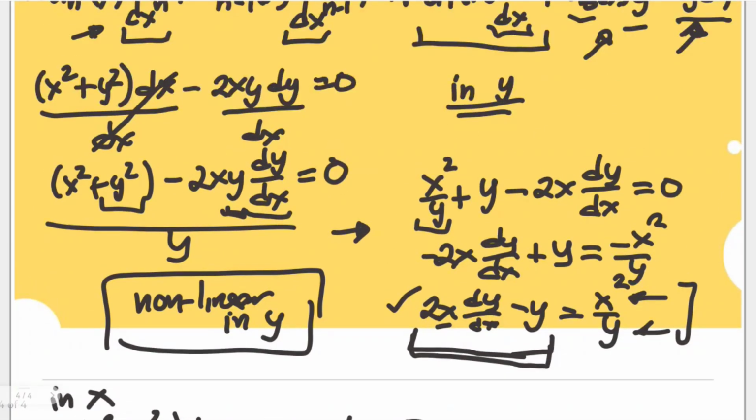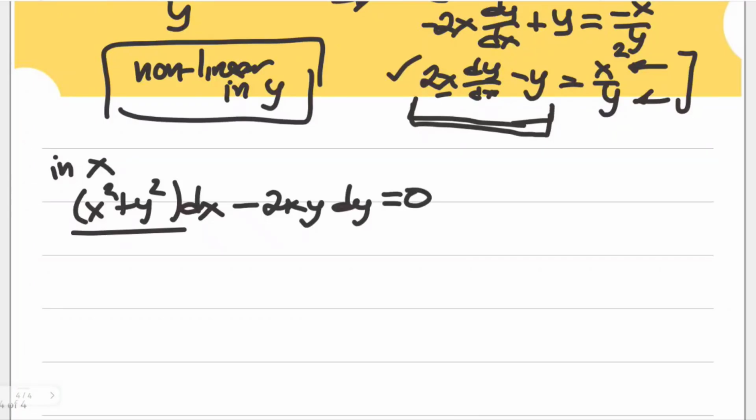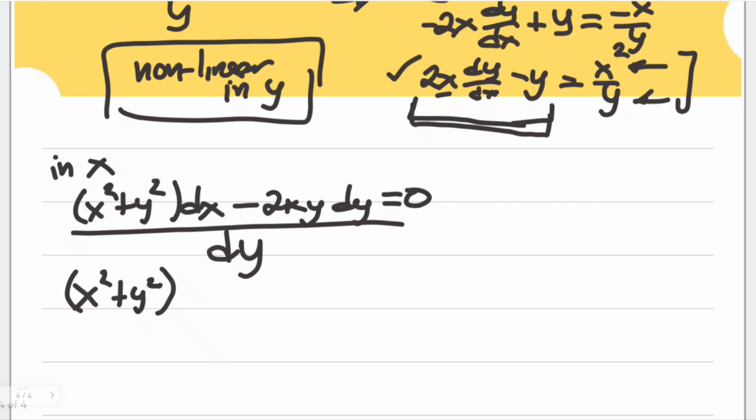Instead of dividing all terms by dx, let's divide all terms by dy. So you will have here x squared plus y squared, and you have your dx over dy. In short, we are taking now the first order derivative of x with respect to y. The other side will be 2xy, and then dy will be removed, equal to 0.